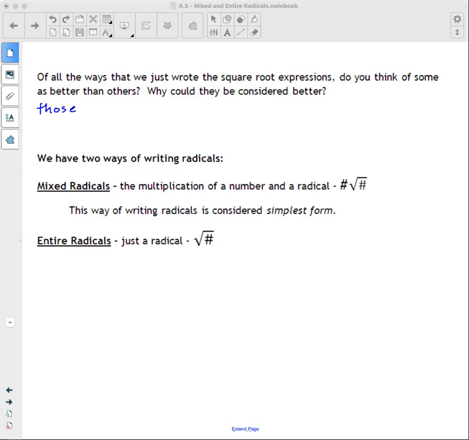So those that have smaller radicands or whole numbers, to tie in our lesson from last lesson, whole numbers being like 1, 2, 3, 4, the counting numbers, because we are more familiar with 4 than we are with root 16, for example.